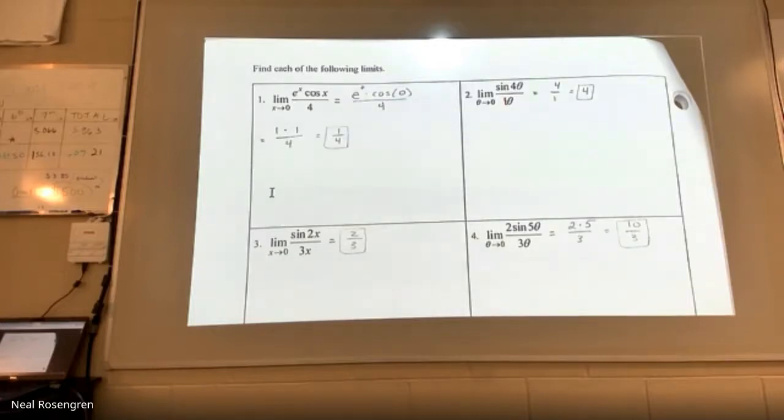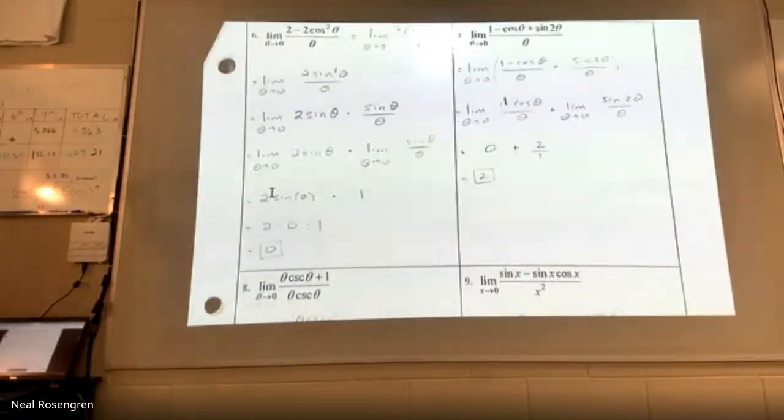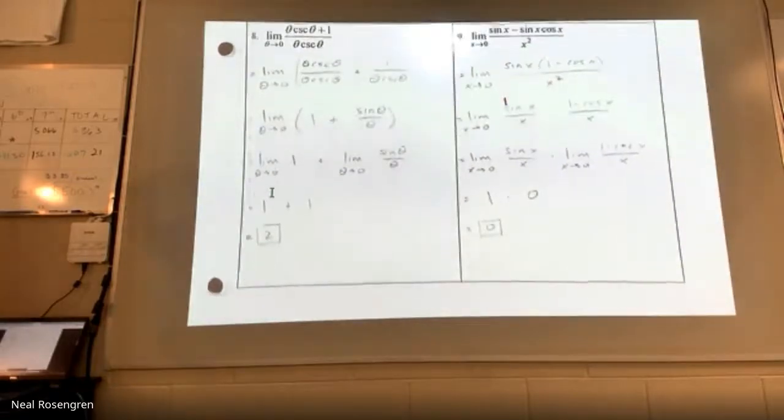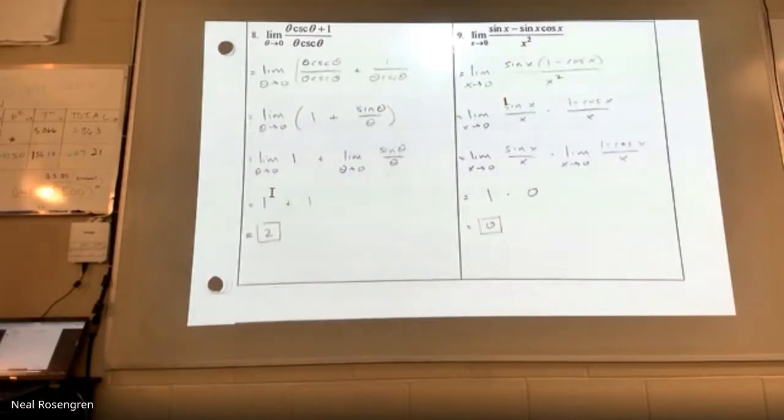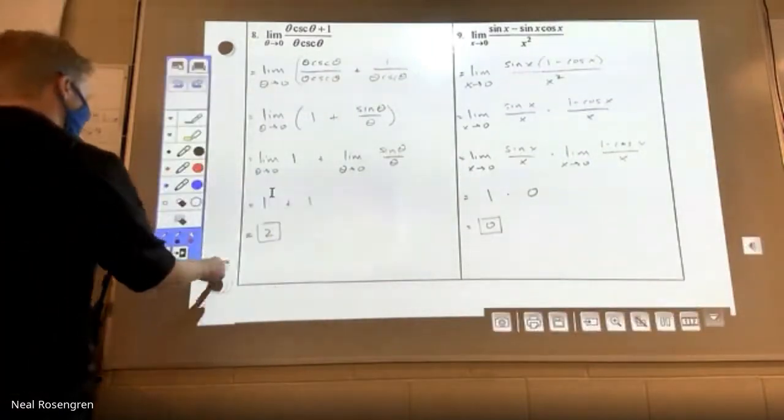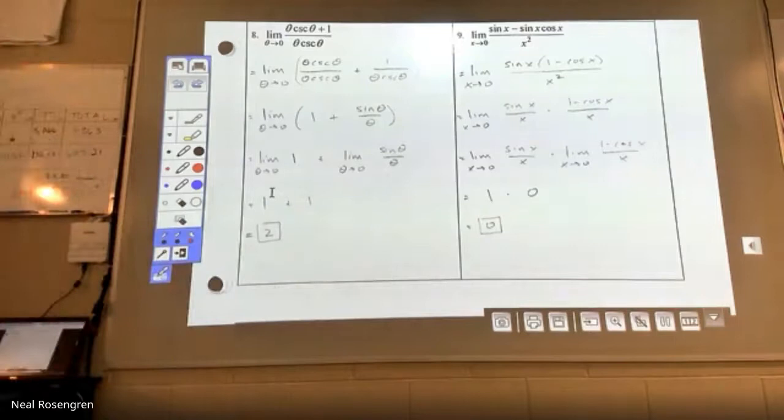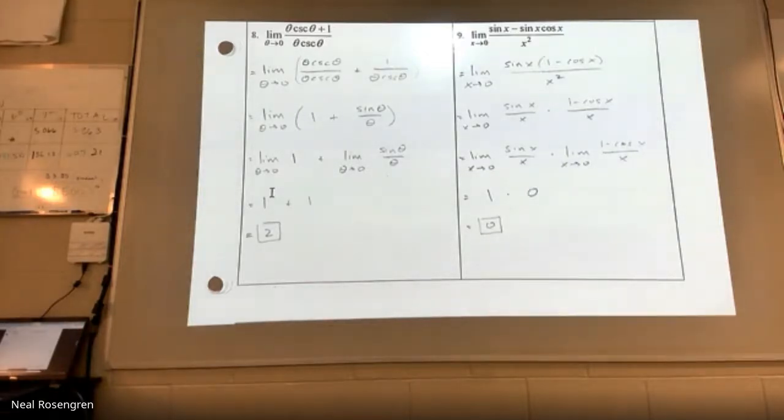Okay, so 9 was similar to 6 in the fact that once we factored, we were able to spot a couple of those limits. And so what I did with 9, because I didn't know where to really start, but I noticed that there was a common factor, sine of x on top. So I factored that out to see what it could do, to see if something showed up that I started to recognize.